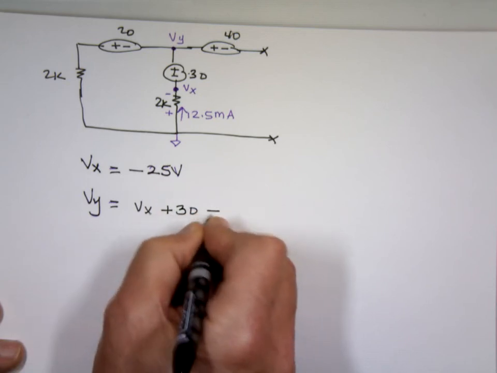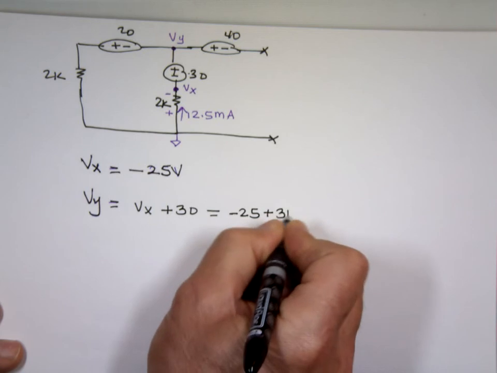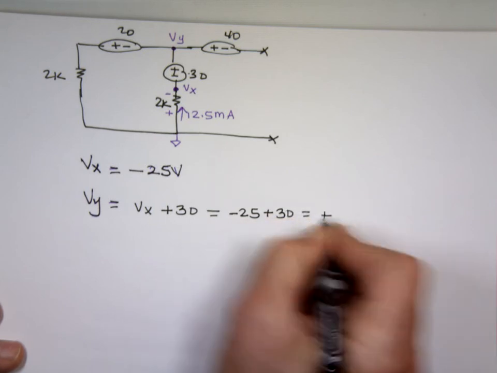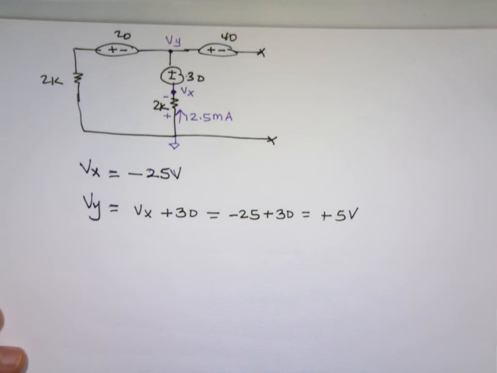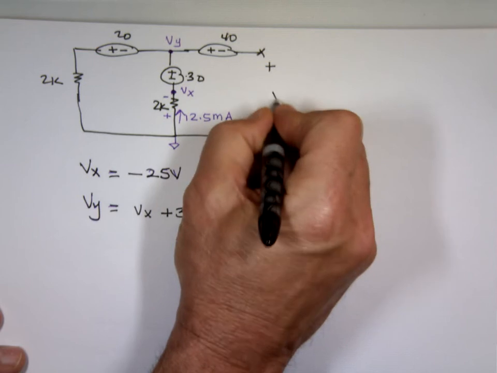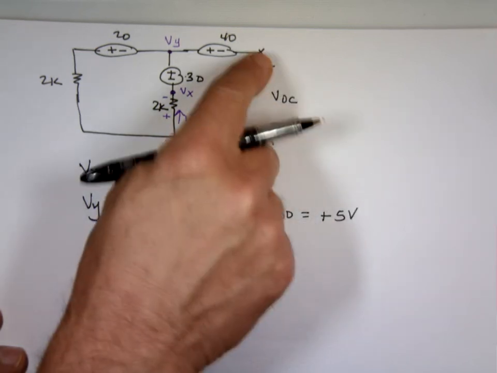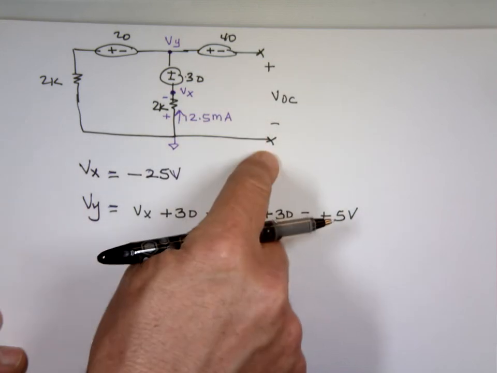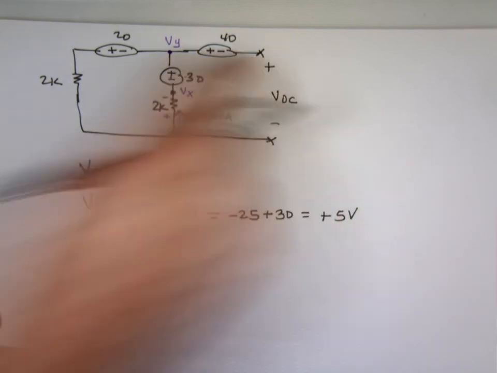And yes, that would be negative 25 plus the 30, which is plus 5 volts. And this is my V open circuit. This is ground. If I know what the voltage there, the difference between them, that's V open circuit. So whatever that voltage is my V open circuit.